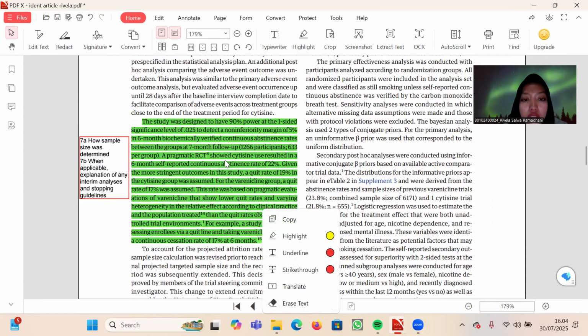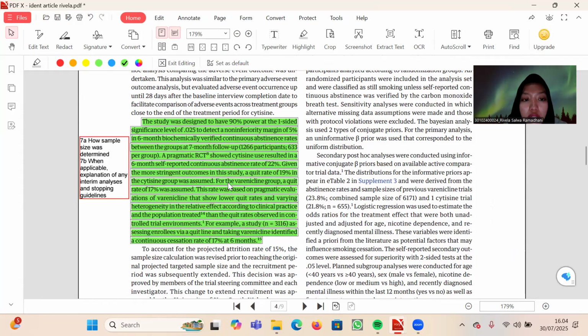The primary analysis used a 6-month self-reported continuous abstinence rate. A quit rate of 19% in the cytisine group was assumed. For the varenicline group, a quit rate of 17% was assumed.